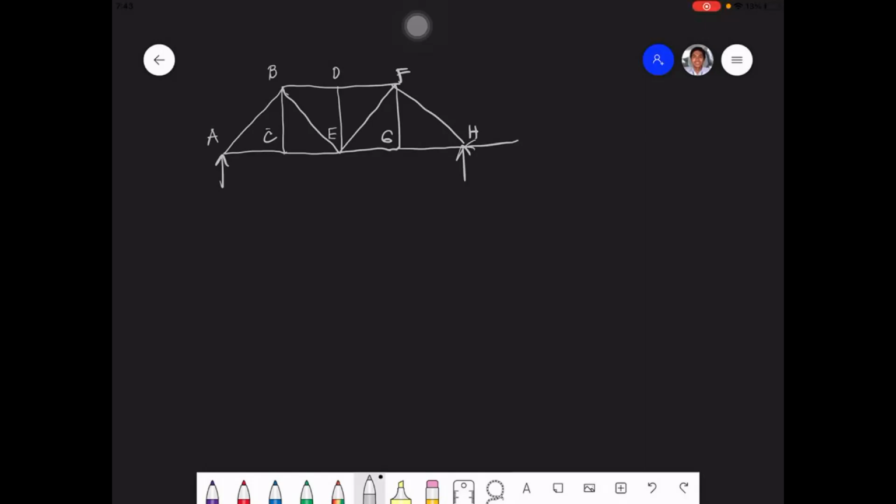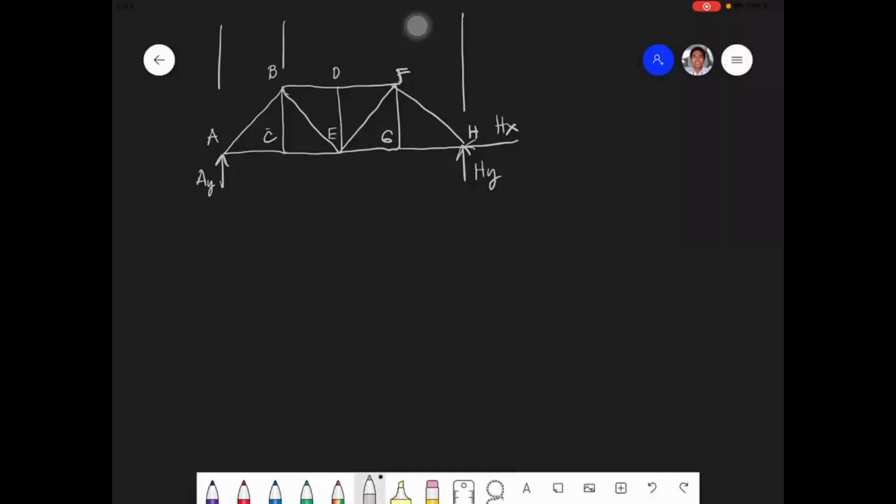Now, we have the distances of this. Now the distances again, we have, okay, sorry, it's going to be 4 meters, 4 meters.